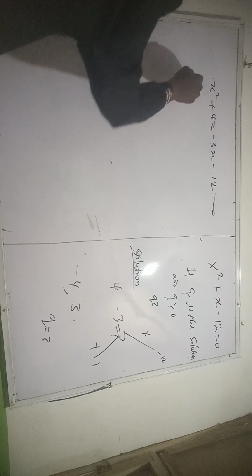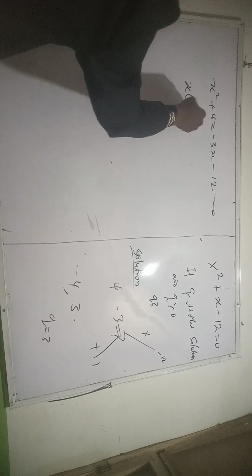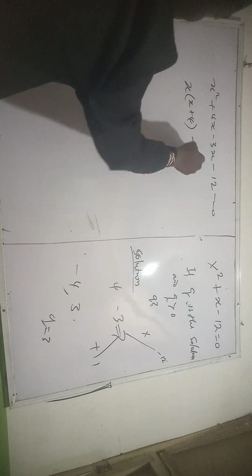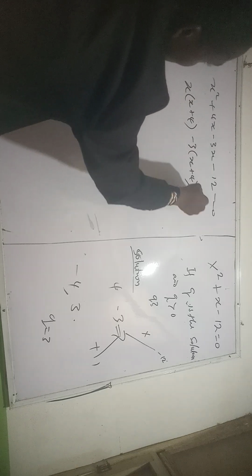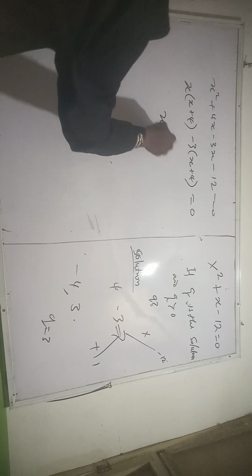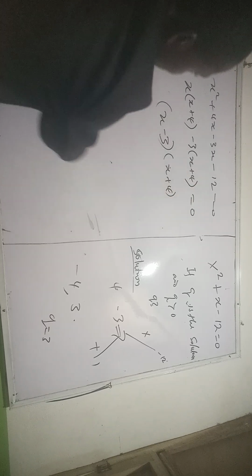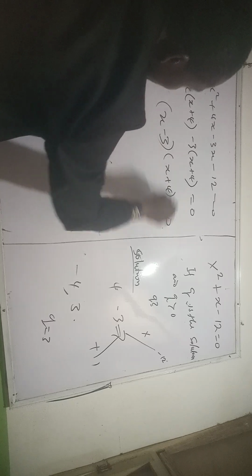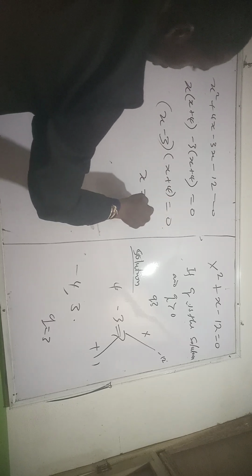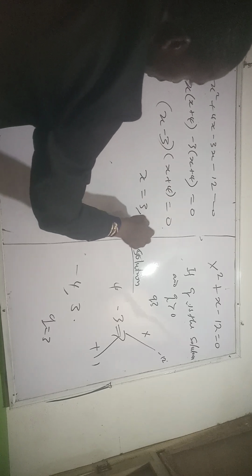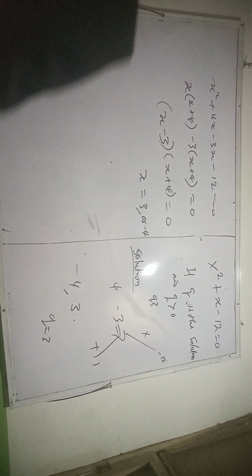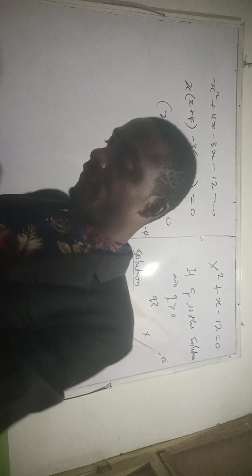Then you can follow this way: x into x plus 4, minus 3 into x plus 4. So we have x minus 3 and x plus 4. If you equate these two to 0, x is equal to 3 or minus 4. The same thing as I was saying, no difference.